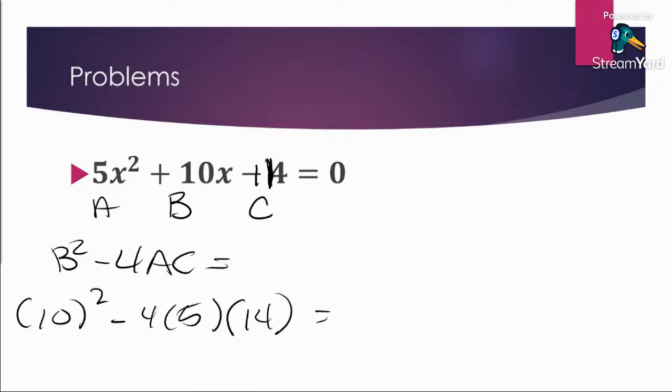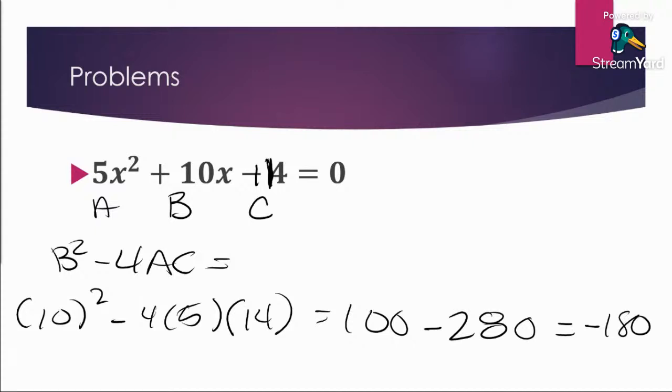So 10 squared still equals 100. But when we do negative 4 times 5 times 14, we end up with negative 280. And that equals negative 180. When that happens, we know we're going to end up with two complex roots.